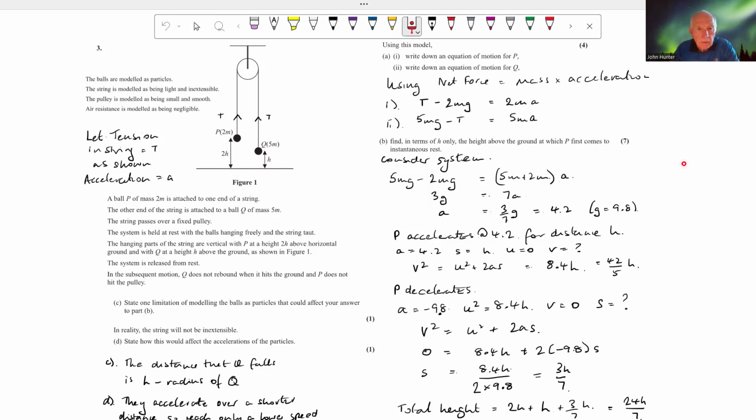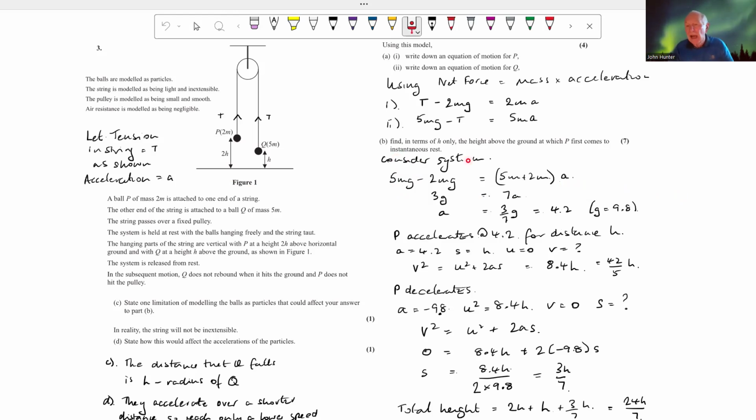Okay, so this is now a kinematics problem, and we're only going to be able to solve it if we know the initial acceleration. So that's probably intuitively the first thing you need to go for here. Right. So what we're going to do is look at the whole system.